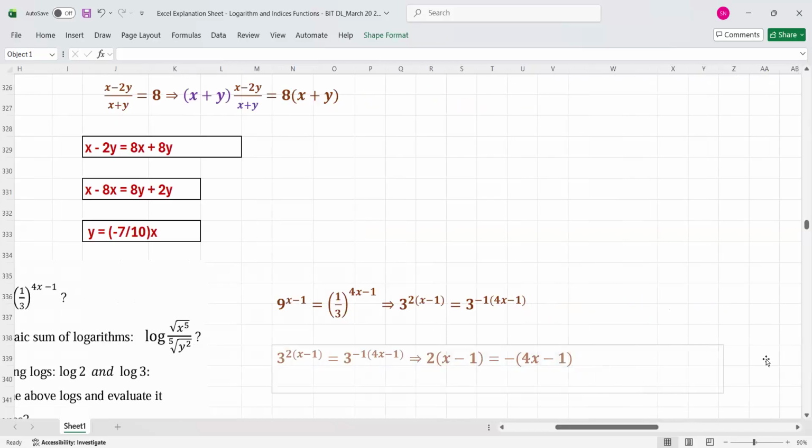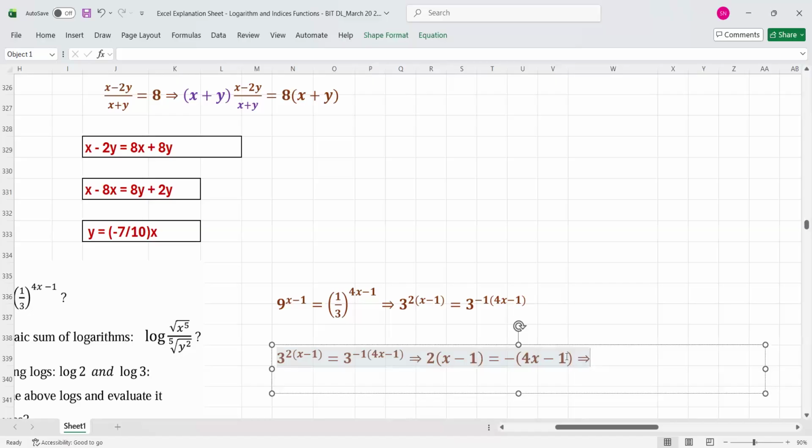So now if we are asked to solve this, let's expand. What do we get? If you are multiplying 2 by minus 1, then that should be a positive one. Let's expand.